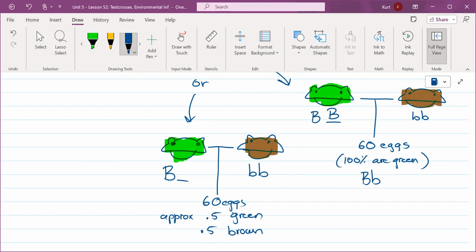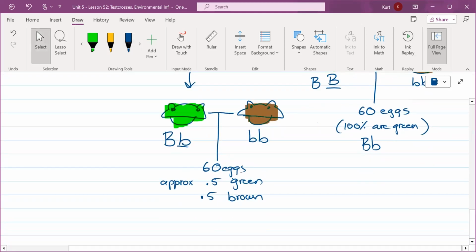If that green parent was capable of making a brown frog, just like, let's say Joe was the father of a blonde little girl, what could you conclude their genotypes are? Heterozygous. What are the genotypes of the green offspring? Heterozygous. What are the genotypes of the brown offspring? Homozygous recessive. Where do those brown frogs get both of their recessive alleles from? The brown parent and the green parent.